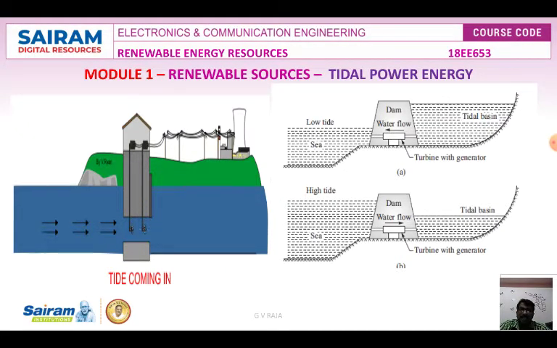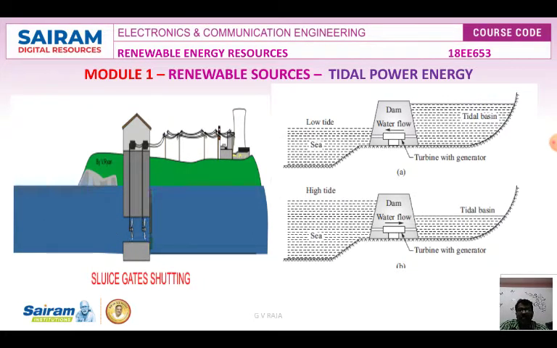Sedimentation and silt deposition in the basin takes place regularly, which has to be removed properly. Power output also varies based upon the lunar cycle, and the supply of power depends upon the timing of tides. It is not continuous in nature.